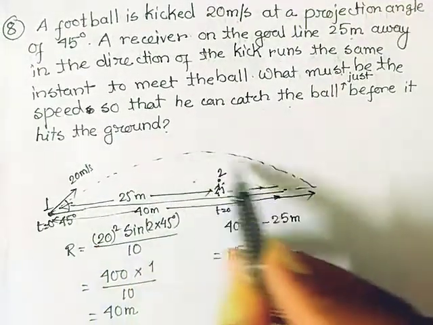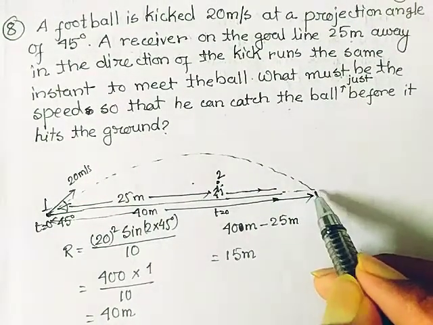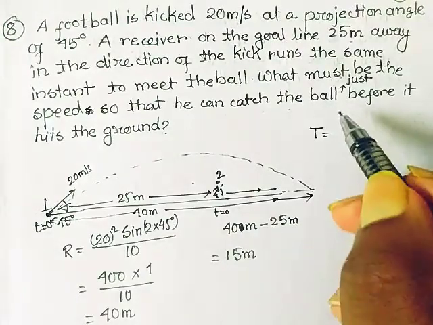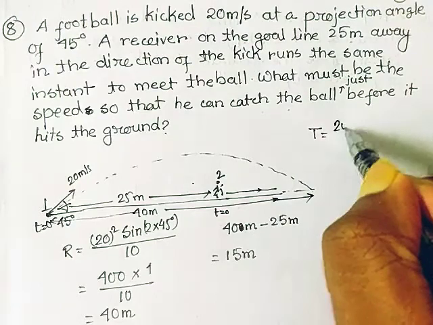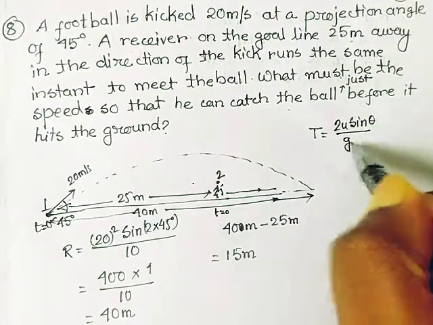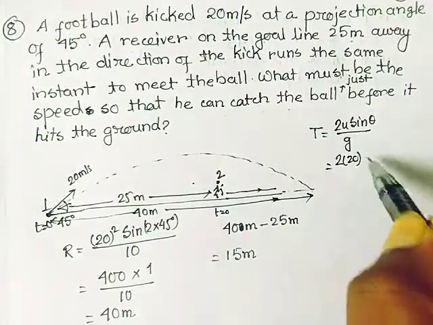After which time will the ball reach here? That we have to calculate, the capital T, the total time of flight. We know the formula: 2 u sine theta by g. What is the value of u? 20.